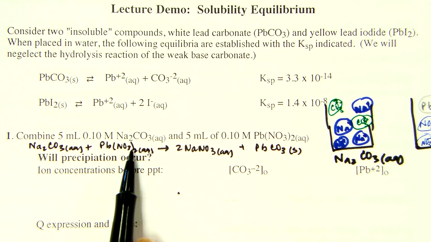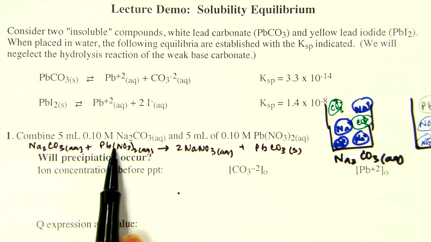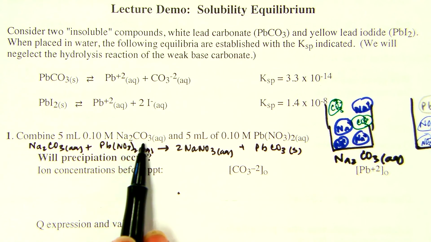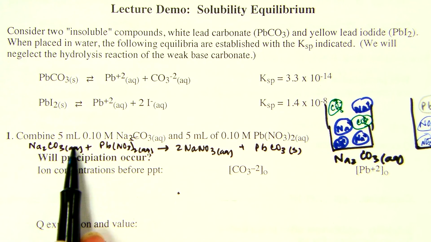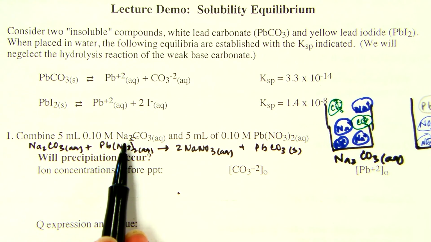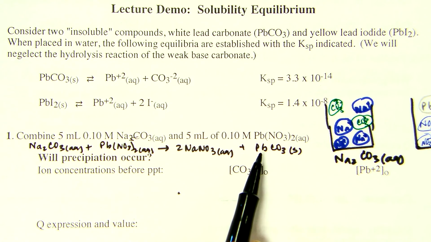So you will get molarity of Na2CO3, moles of Na2CO3, which will be the same as moles of CO3 2 minus. And then to get molarity of CO3 2 minus, you will divide those moles by total volume of Na2CO3 and Pb(NO3)2, because Pb(NO3)2 is adding volume but is not adding carbonate ions.